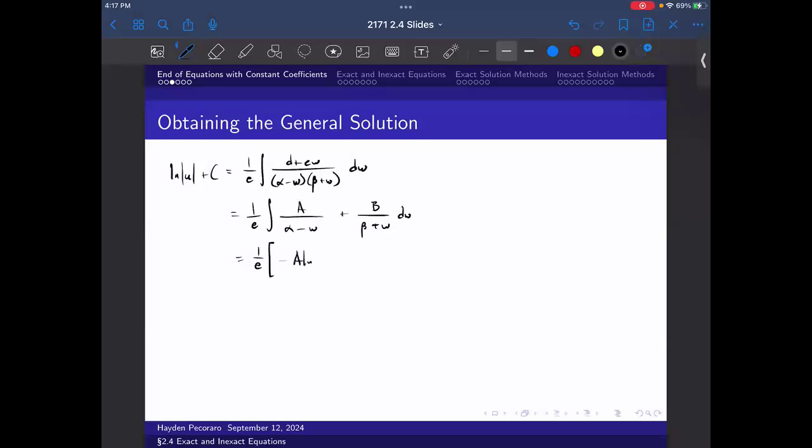Minus A log alpha minus w plus B log beta plus w. Okay. And so this 1 over e is here because I forgot to absorb it into this part, but that's fine. All right. And more or less, there's our solution.